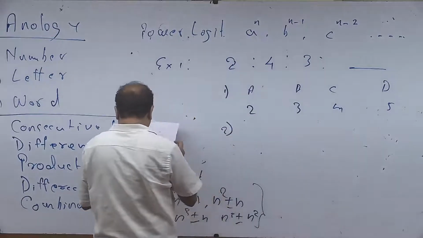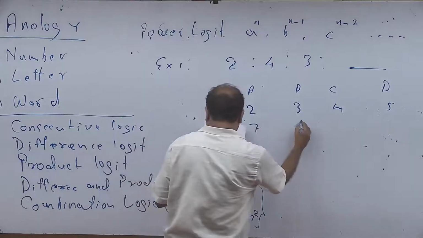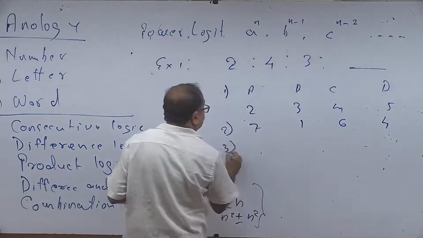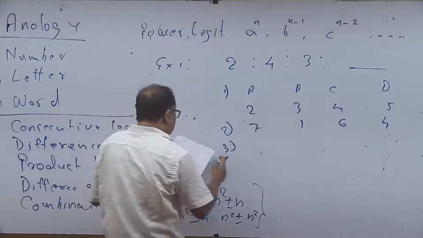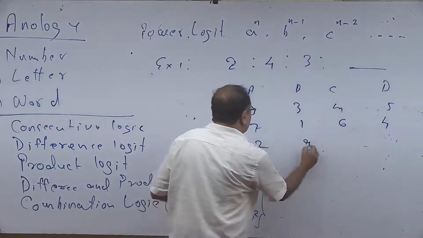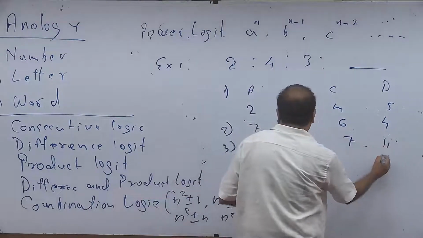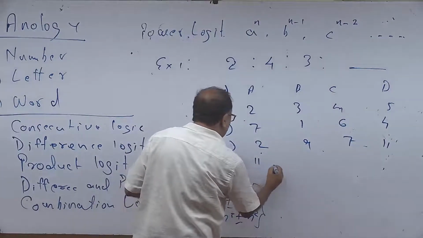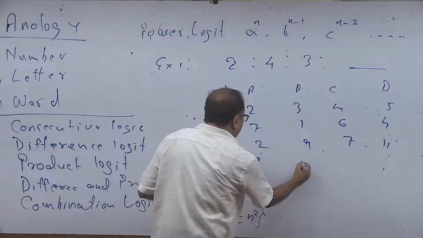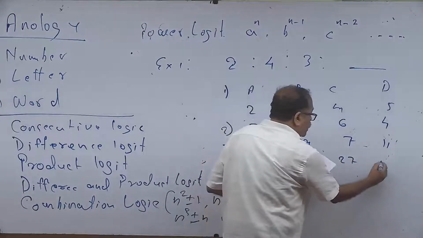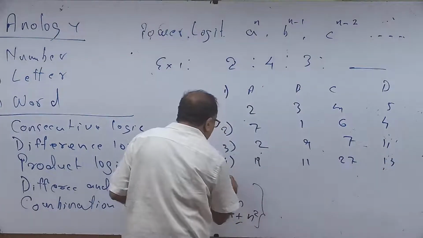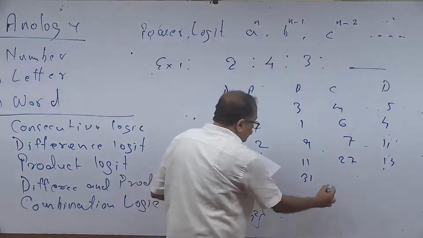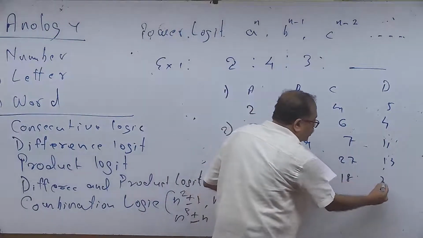In the second set I am writing 7, 1, 6 and 4. In the third set I am writing 2, 9, 7 and 11. In the fourth set I am writing 19, 11, 27 and 14. And in the fifth and last set, this is 11, 31, 18 and 21.